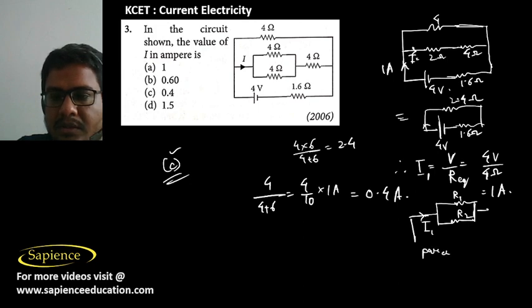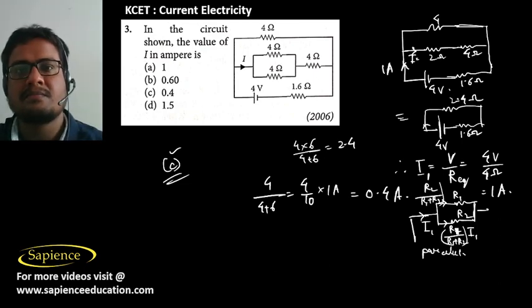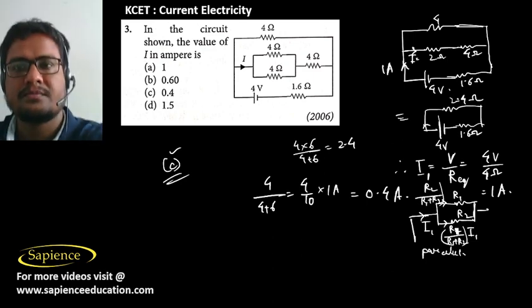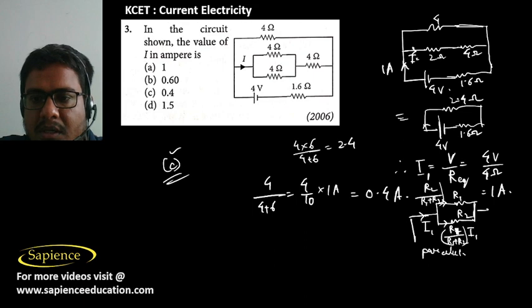Then the current which will flow through R2 will be R1 by R1 plus R2 into I1, and through R1 the current that will flow will be R2 by R1 plus R2 into I1.